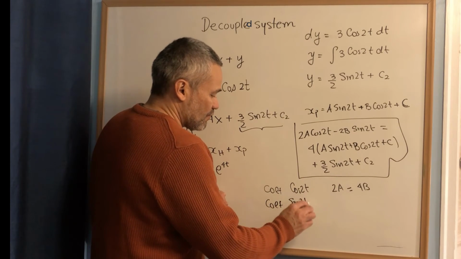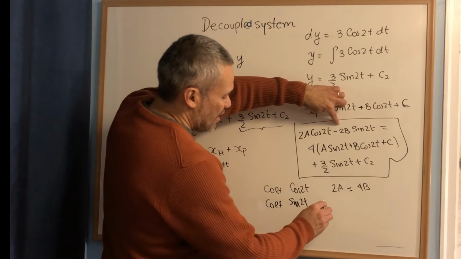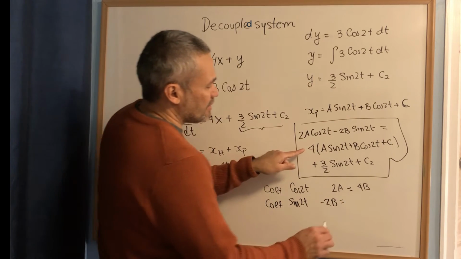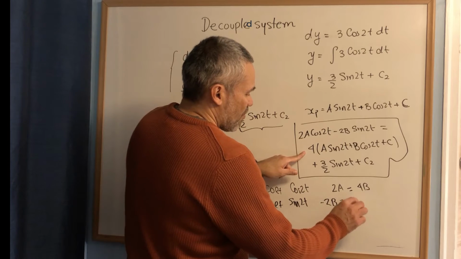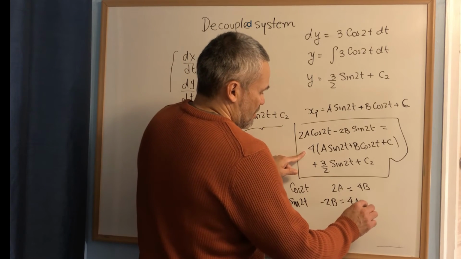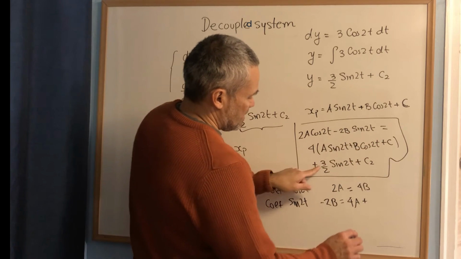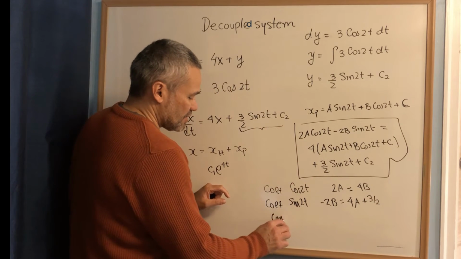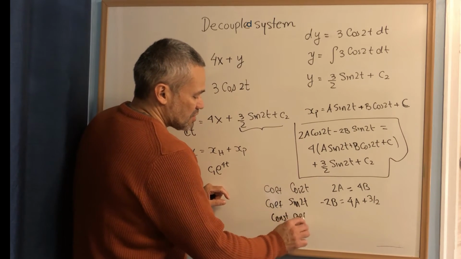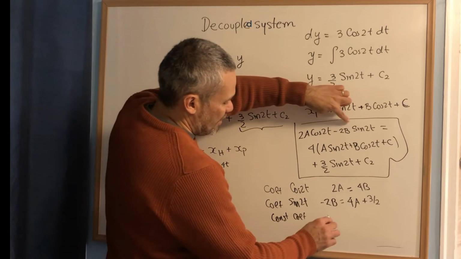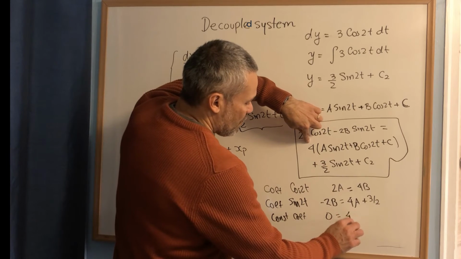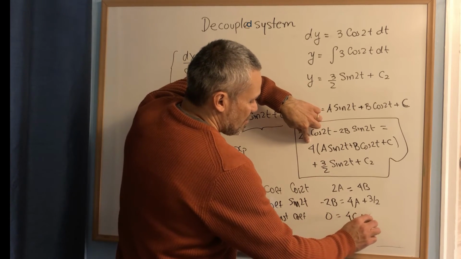On the left, we have negative 2b, and on the right, we have 4a plus 3/2. And now, what is the constant coefficient? The constant coefficient on the left is 0, and on the right is 4 times capital C plus c2.